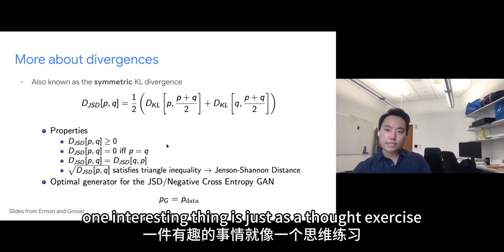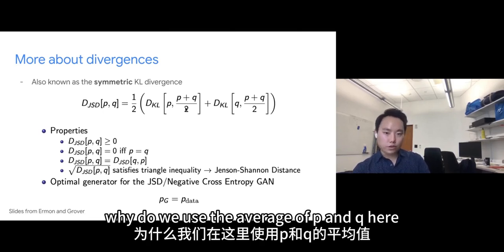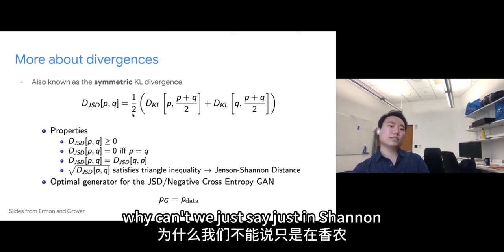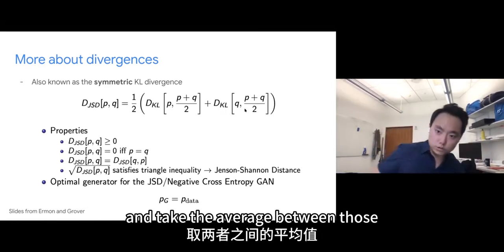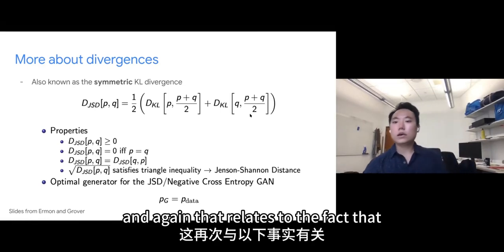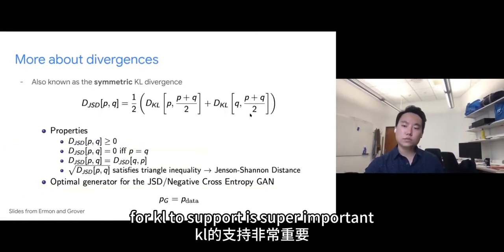One interesting thing, as a thought exercise: why do we use the average of P and Q here? Why can't we just define Jensen-Shannon divergence as a KL between P and Q plus a KL between Q and P, and take the average? Again, that relates to the fact that for KL, the support is super important.